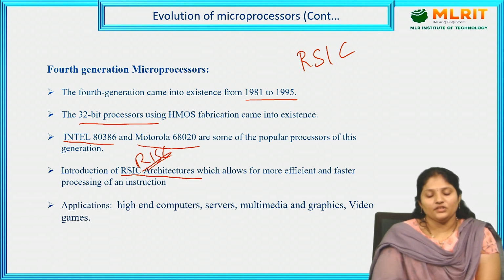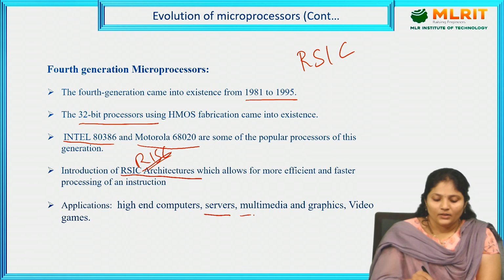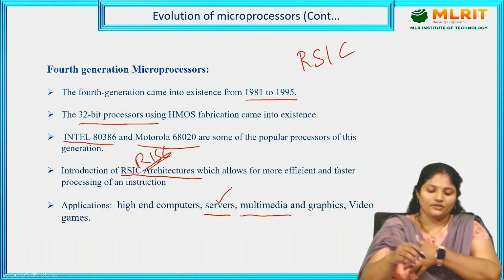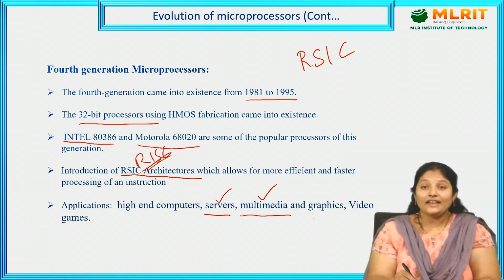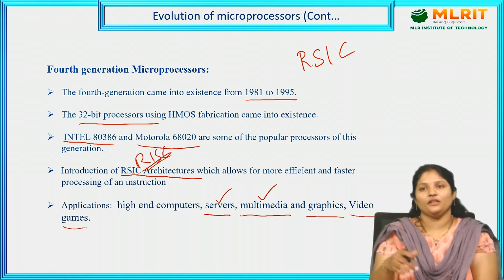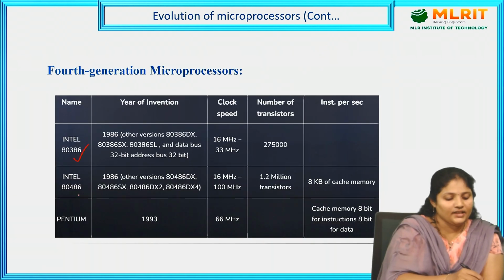In this generation of microprocessors there were huge advantages, and they were used in servers and multimedia. Graphics were introduced and video games came into the picture in this fourth generation. These microprocessors are the 80386 and 80486.